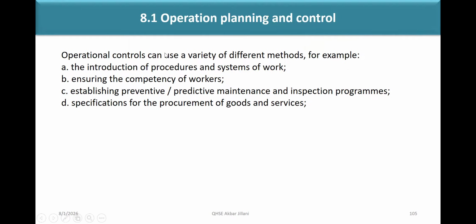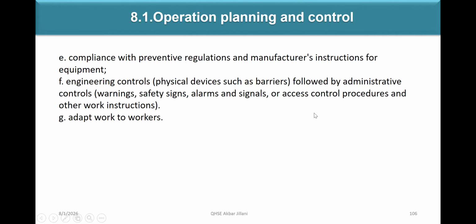Operational controls can use a variety of different methods. For example, the introduction of procedures and systems of work, ensuring the competency of workers, establishing preventive and predictive maintenance and inspection programs, and specifications for the procurement of goods and services.